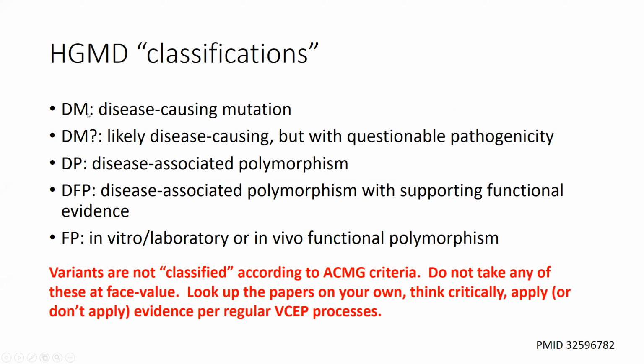I have no idea who makes these classifications. They're not classified according to ACMG criteria. So again, look at the papers on your own, think critically, and apply, or maybe don't apply, evidence per your regular VSEP processes, depending on what information is present.